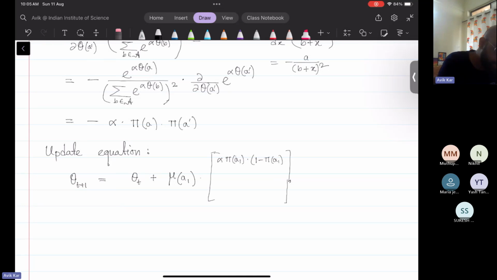The second term is A2, which is not equal to A1, so the second term will come into picture as minus alpha pi A2. But we are taking the derivative with respect to A1. Sorry, I think I have messed up.